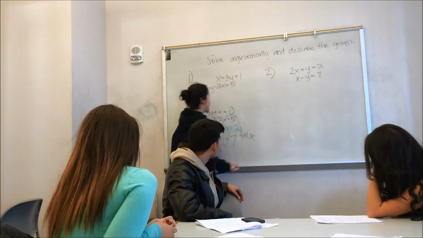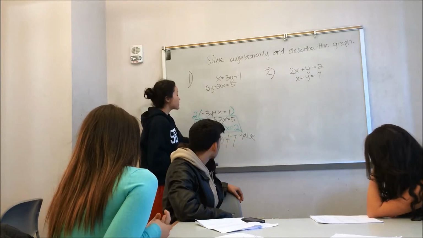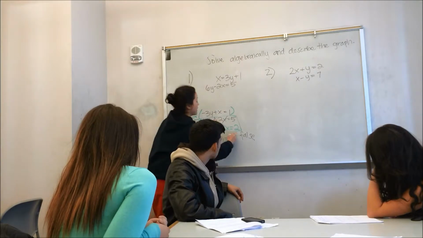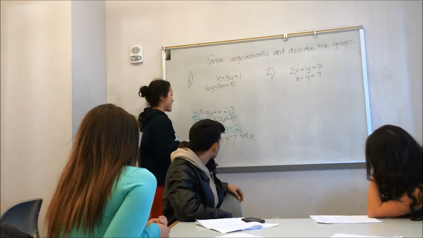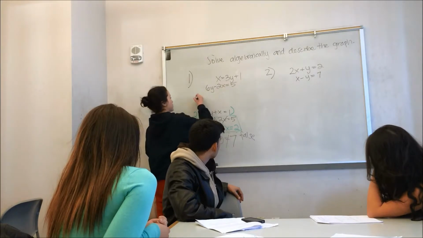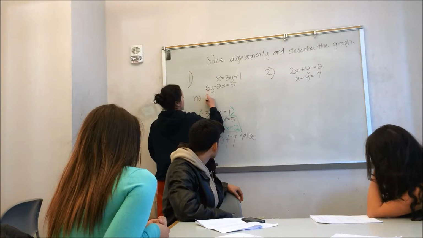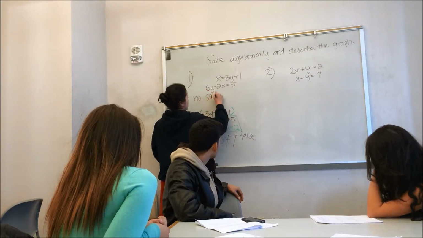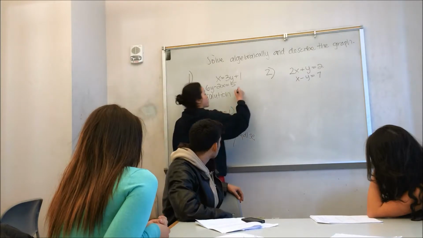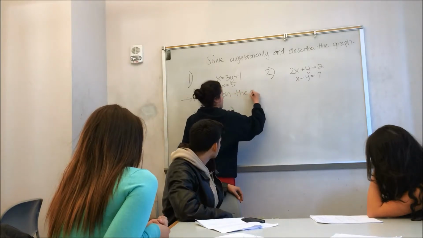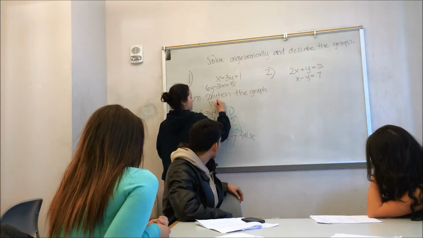So this is your final answer, but it says describe the graph. This is what you would write on a test or an exam, because there is no solution, so the graph will be parallel.